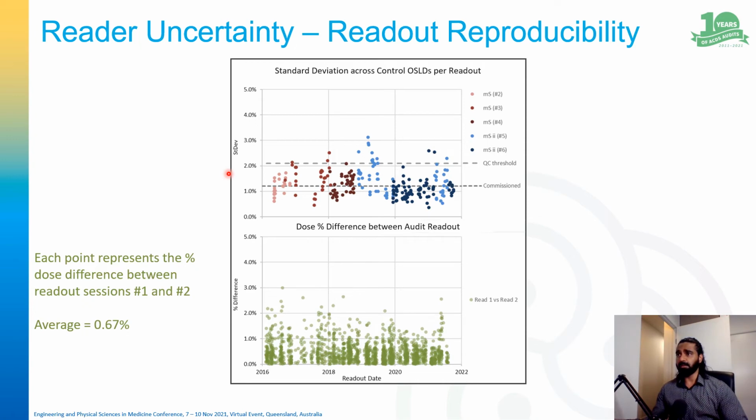So another metric that we can look at is the readout reproducibility, represented here on this green graph. So each point here represents the percentage dose difference between readout sessions 1 and 2 per OSLD. And what we see is during this time of increased reader uncertainty, it's not reflected in the dose differences between readouts.